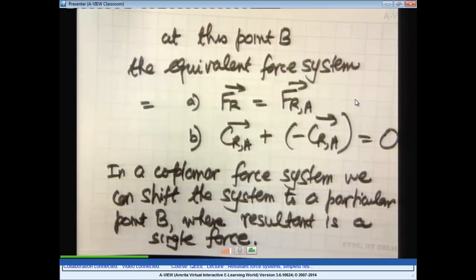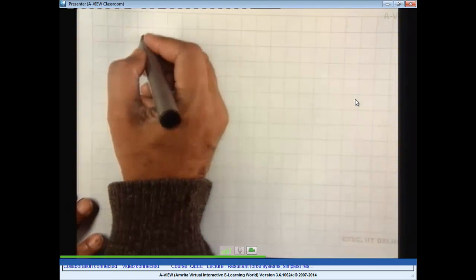So we can always, in a coplanar force system, shift the resultant to a single point. But this we can do. So we can shift.